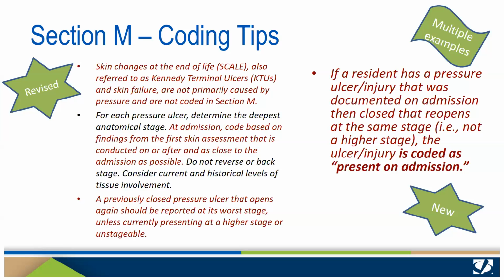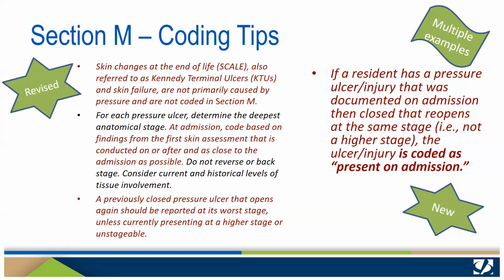For each pressure ulcer, we're going to determine the deepest anatomical stage. At admission, we're going to code based on findings from the first skin assessment that is conducted on or after, or as close as to the admission as possible.